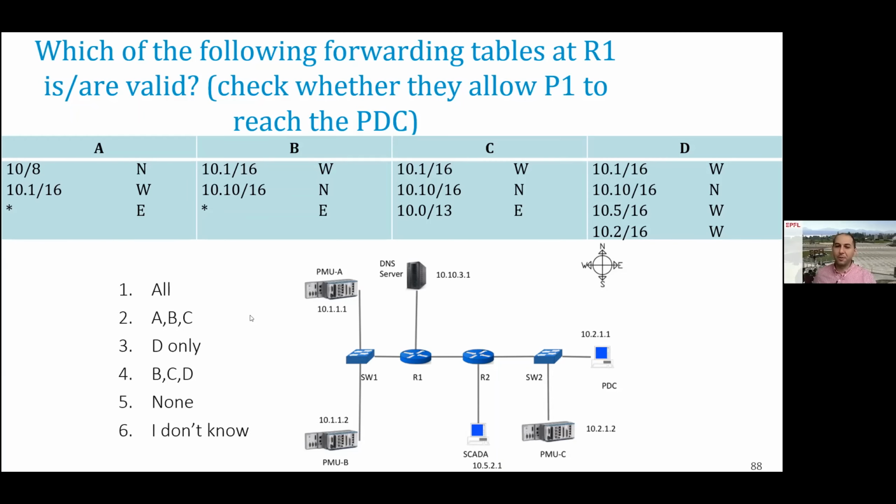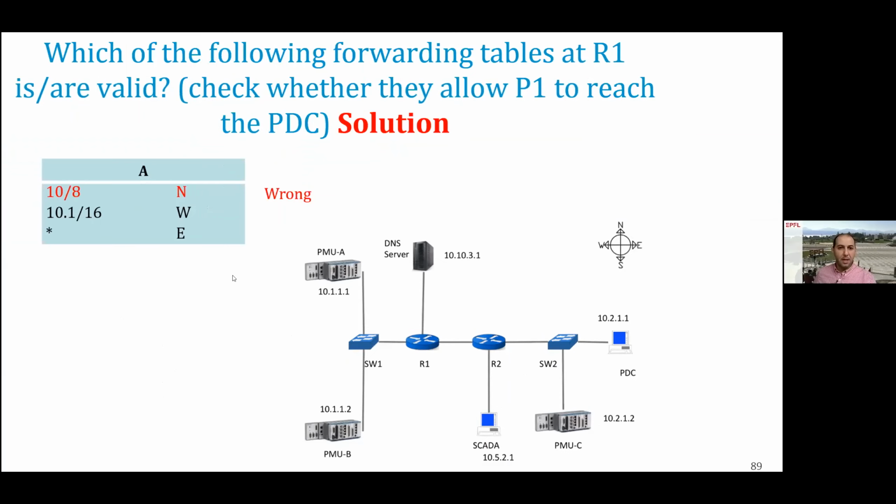Okay, surely the good answer is number 4, BCD. Why? This is the forwarding table A. So the packet is going to this destination, 10.211. If we look at the forwarding table, we have a match here, only the first entry.